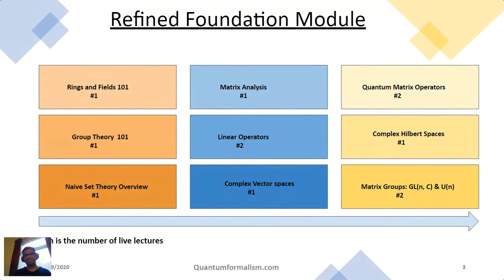So another way to say this is that we're going to focus on finite dimensional Hilbert spaces, really. So the infinite dimensional case will be dealt with in the next module.